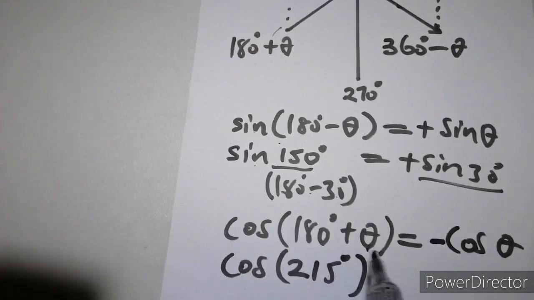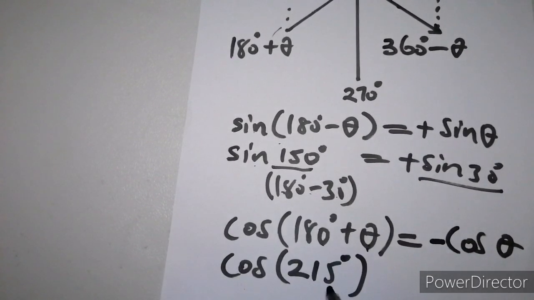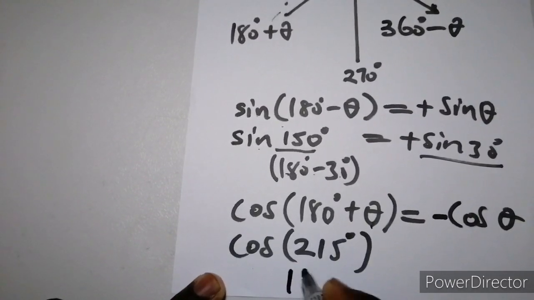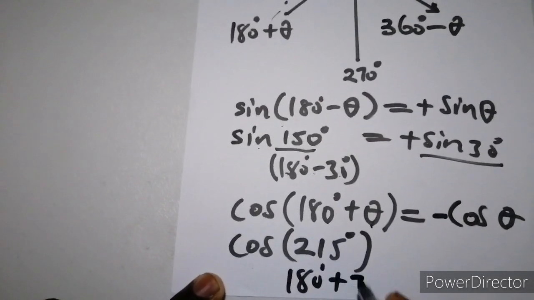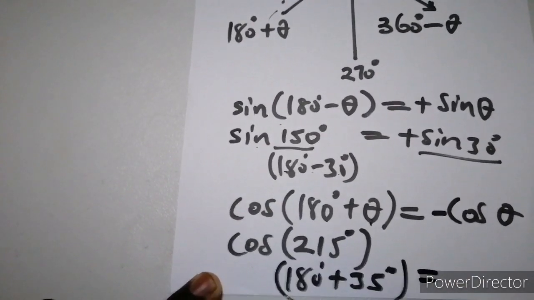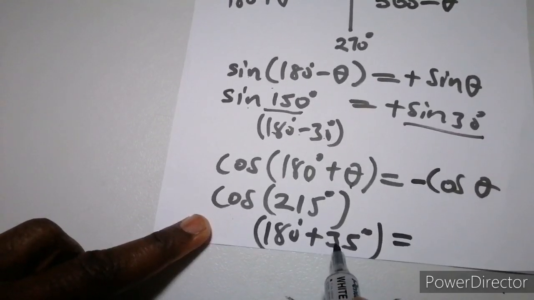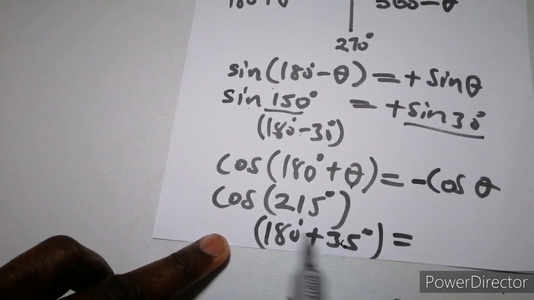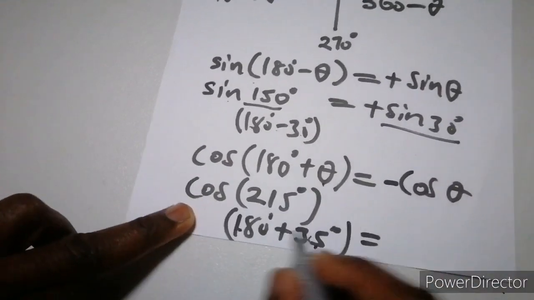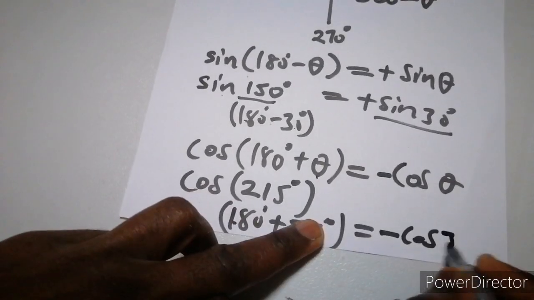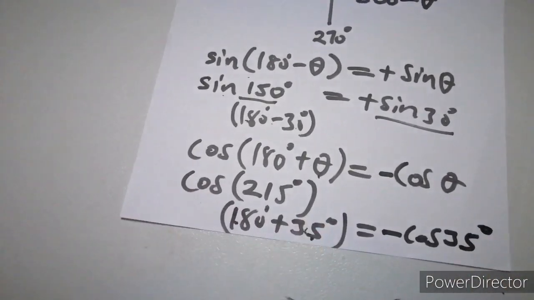Right. Now, we added 35 degrees. Now, this is 180 plus 35 degrees. So now, when you use this knowledge of reduction formula, remember, this is a reference angle, 180 plus. Then this is the same as minus the cos of 35 degrees.